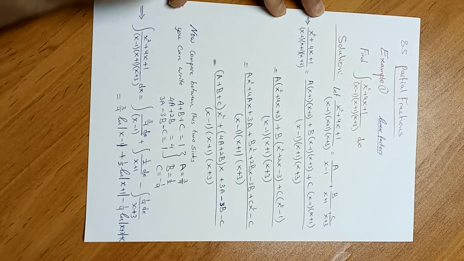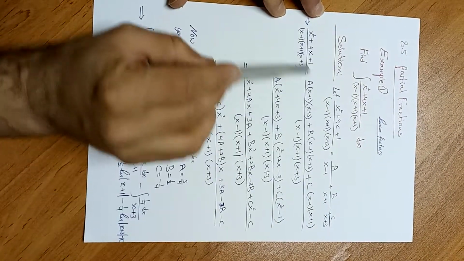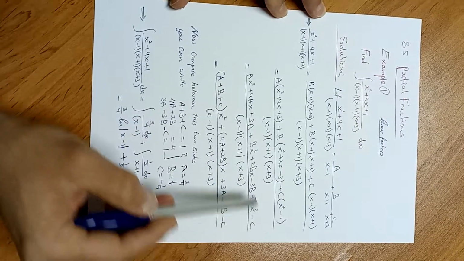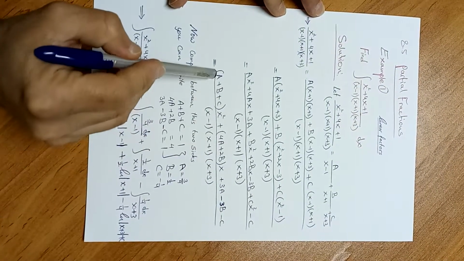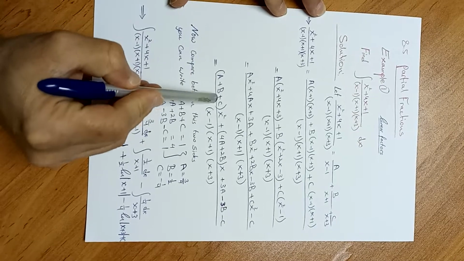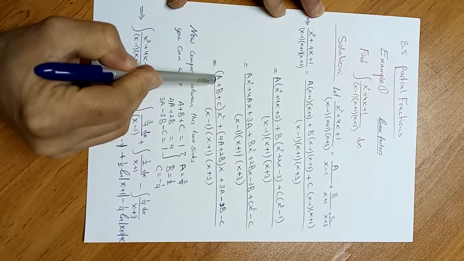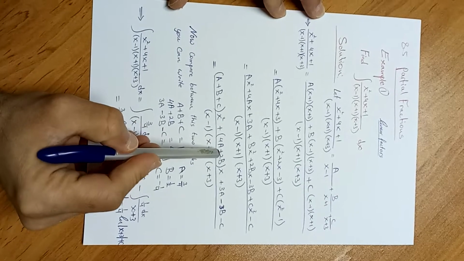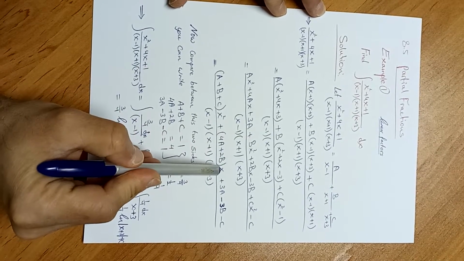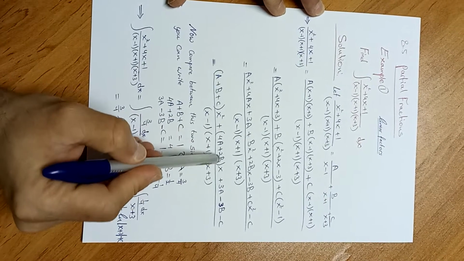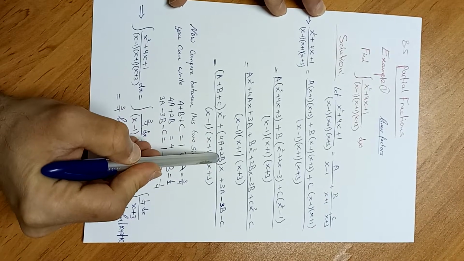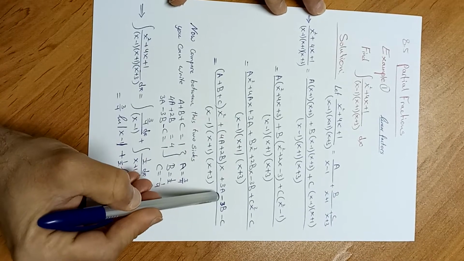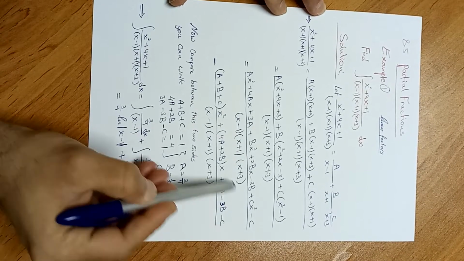When we simplify the multiplications in this step, we will get a plus b plus c as the coefficient of x squared, 4a plus 2b as the coefficient of x, and 3a minus 3b minus c as the constant.